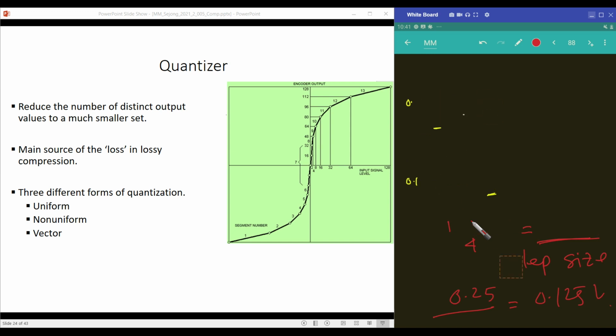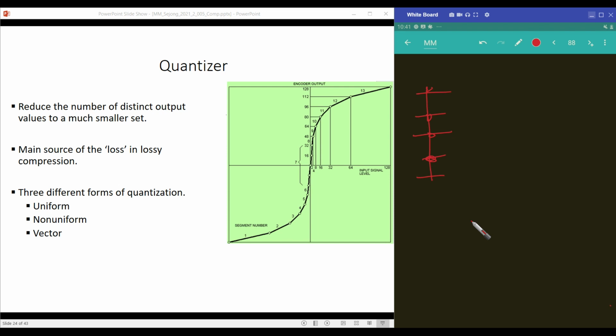Now, in a nutshell, how is this happening? We have an input voltage from here to here, let's say 0 to 1 volt, or maybe minus 0.5 volt to plus 0.5 volt. Whatever it is, we are just dividing it into some specific number of levels, right? That is our 1st level, 2nd level, 3rd level, and 4th level. This is called quantization, and it comes with some noise and error.